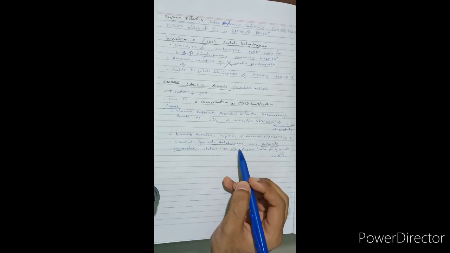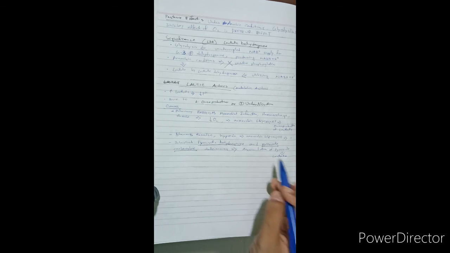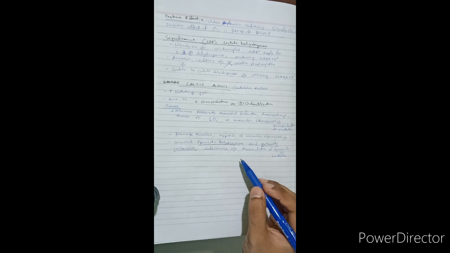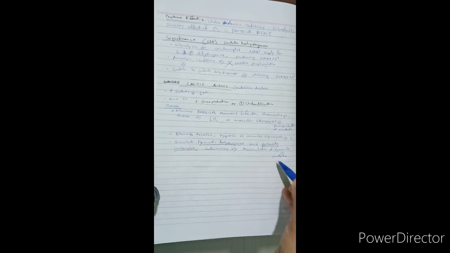Inherited pyruvate dehydrogenase and pyruvate carboxylase enzyme deficiencies lead to accumulation of pyruvate, and pyruvate is then converted to lactate.